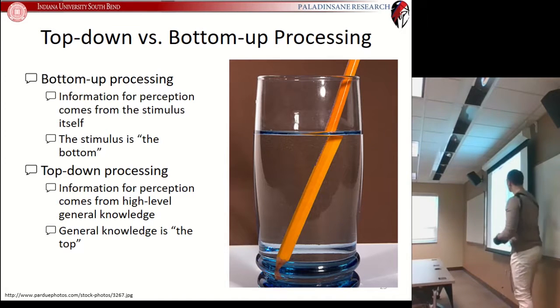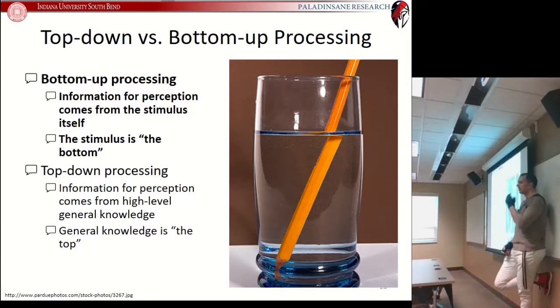So this is an example of bottom-up processing, because all of your knowledge of how light, water, and refraction work, even if you're the world's leading expert, you still cannot top-down process enough to make that pencil look straight.